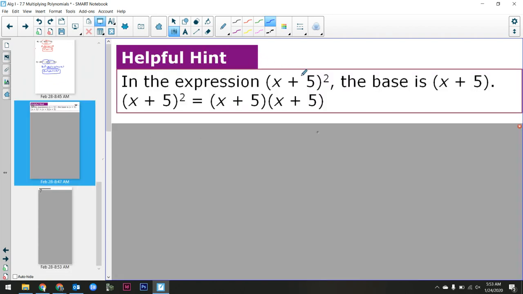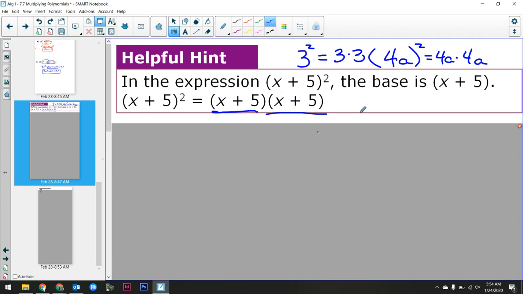Now, in the expression x plus 5 squared, the base is x plus 5. So if I've got x plus 5 squared, you have to multiply the two binomials together. Just like if we had 3 squared, that really essentially means 3 times 3. If we've got 4a squared, that would be 4a times 4a, right?